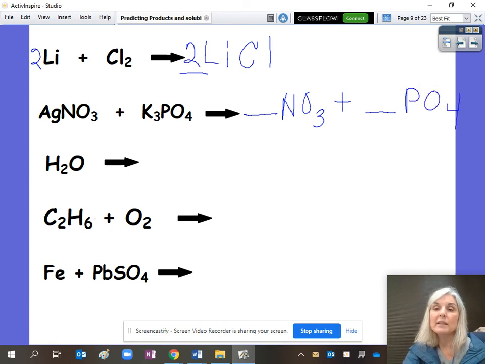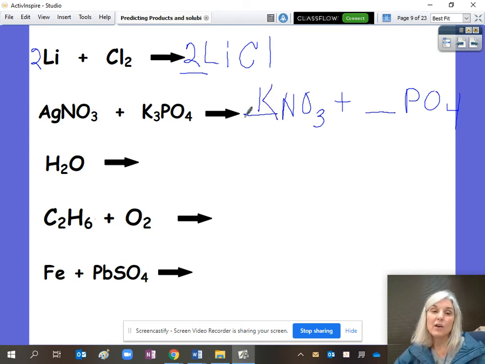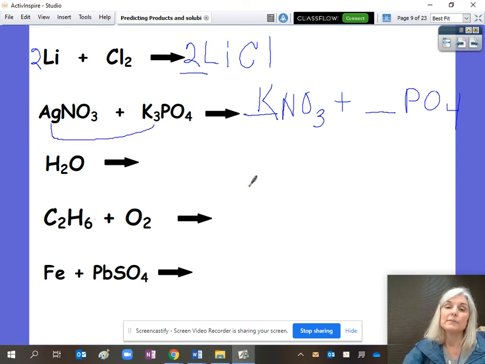So I'm just writing the negatives like they were on this side. So now I'm going to swap the positives with the positive. So now instead of silver being with the NO3, the potassium is going to be there. And now the silver is going to go over here to where the potassium was.